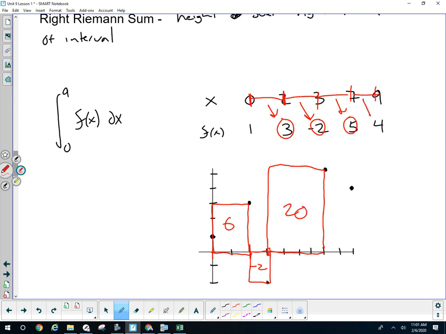And 7 to 9, my height's going to be 4. That's 2 times 4, that's 8. So I got 12 plus 20, 32. 2 times 3 plus 1 times -2 plus 4 times 5 plus 2 times 4, which is 32. Okay.